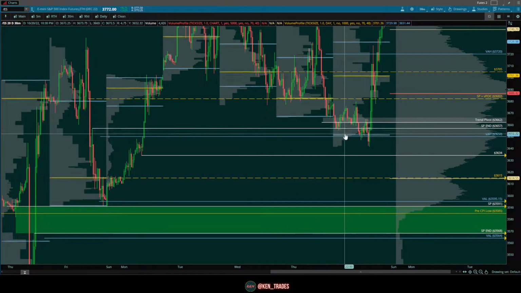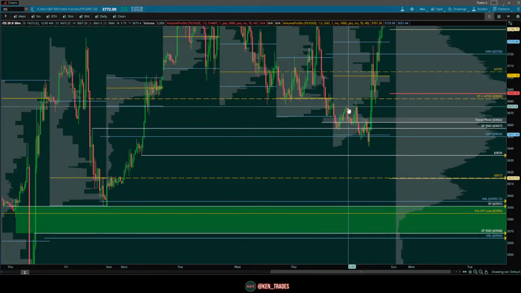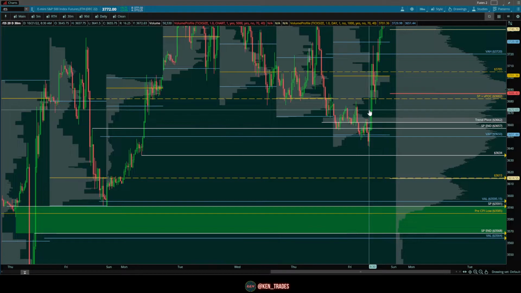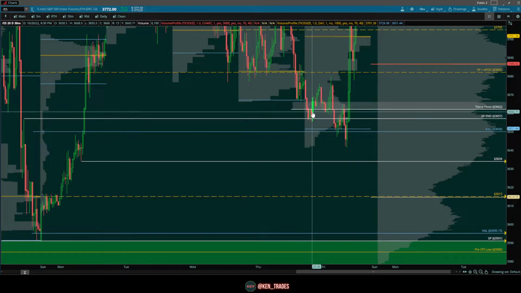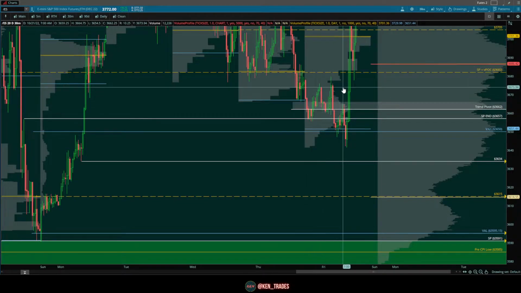I bought this, saw it bounce, and then I sold. I didn't sell at the top, but I sold reasonably quickly, for at least 8 to 10 points, within less than 5 minutes. A solid 5 minute trade. In 5 to 10 minutes, you get close to $1,000, which is quite nice.